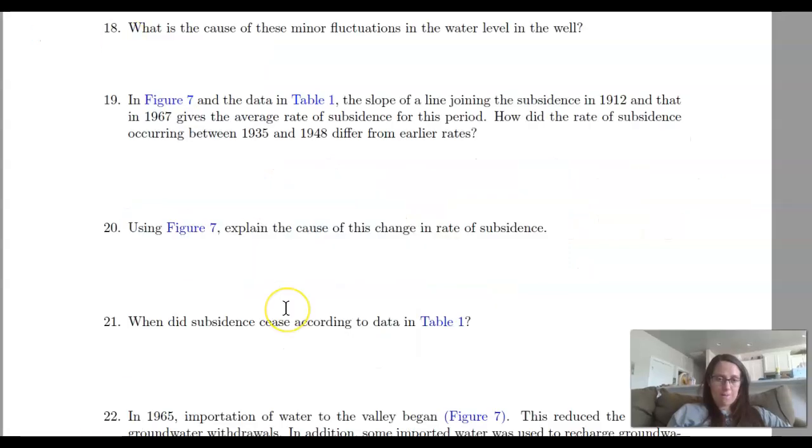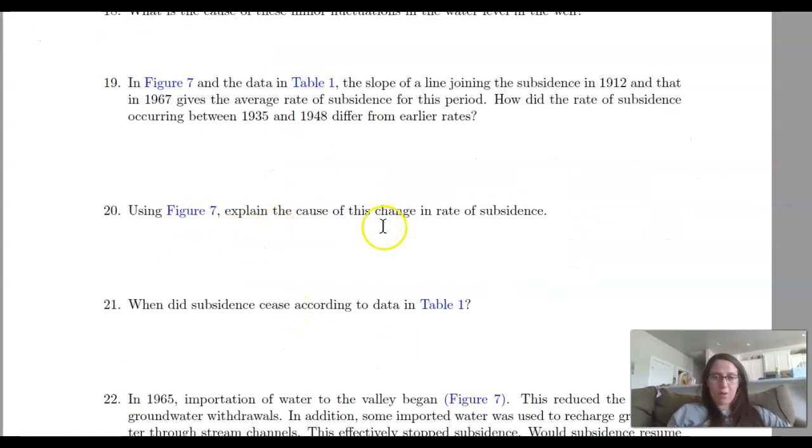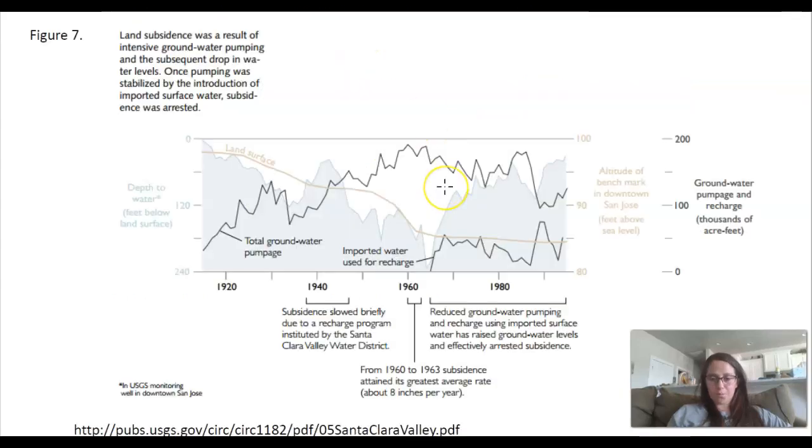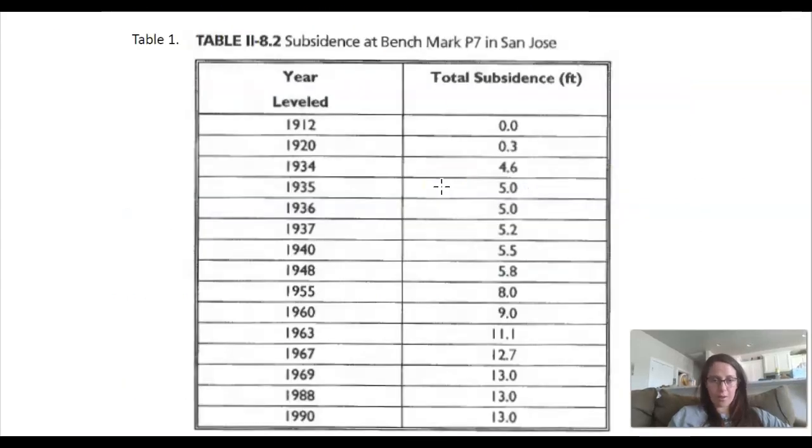Then it asks us in figure 7, explain the cause of this change in the rate of subsidence. Also, I should point out that in table 1, you can see that pattern as well. You see that from 1935 to 1948, the subsidence rate decreased. The land surface was still lowering, but at a much lower rate than at other times.